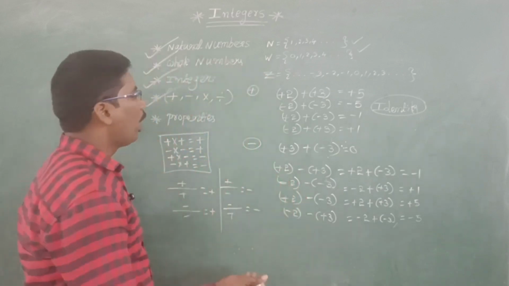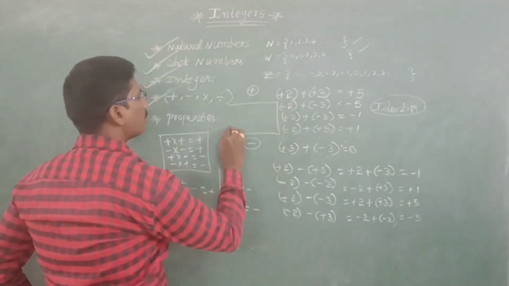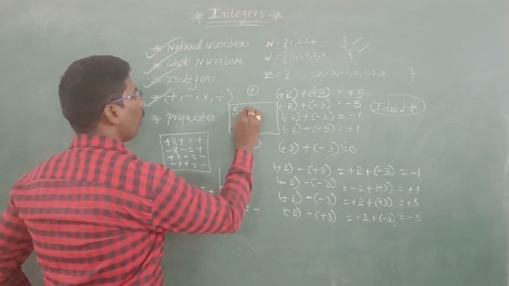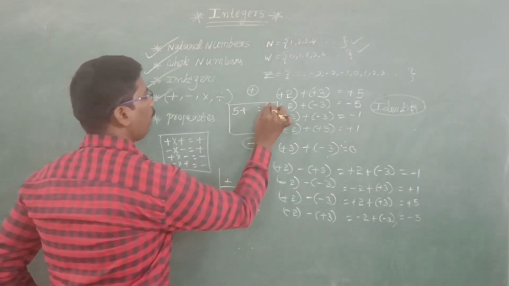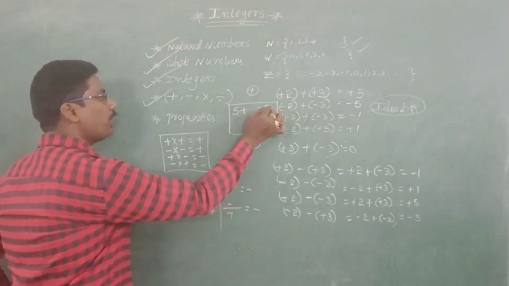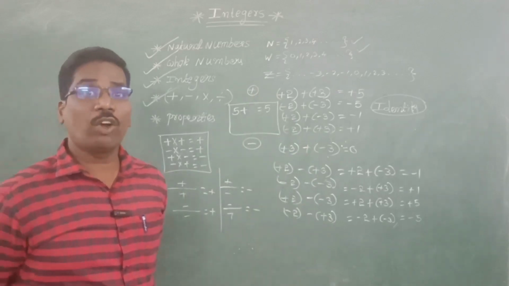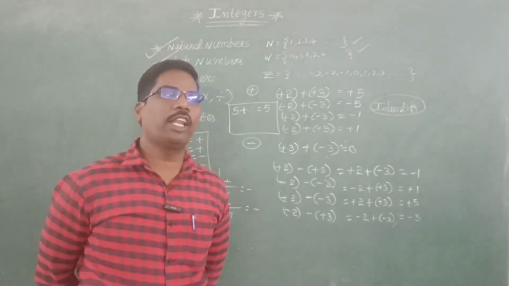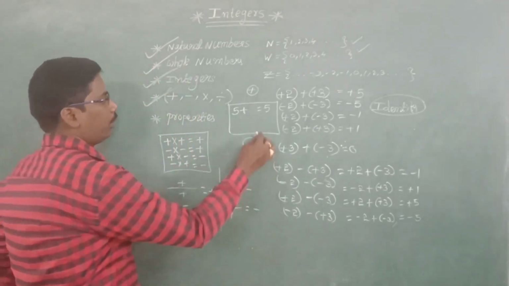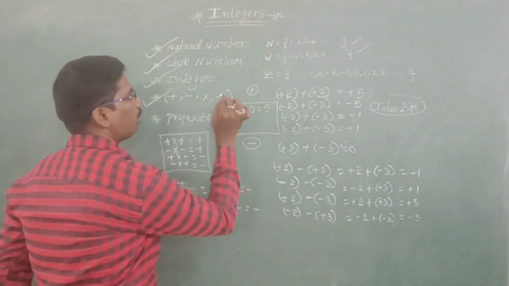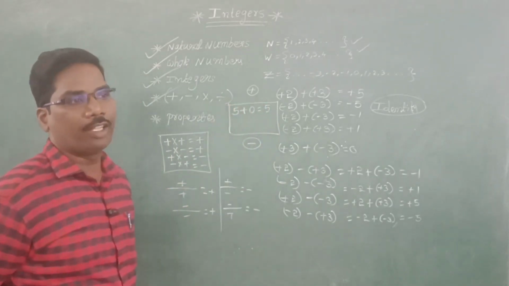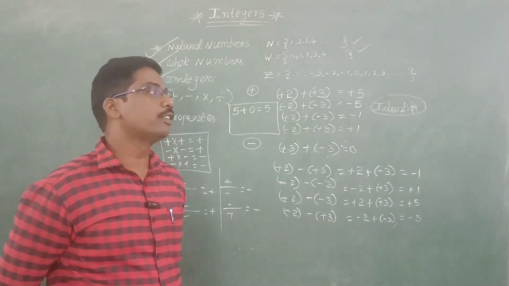In the same way, I am taking the number 5. What if I add something to this 5 and I get 5? That means 5 is identified to 5. Then what do I have to add to the 5 to get 5? If I add 0, I will get 5.